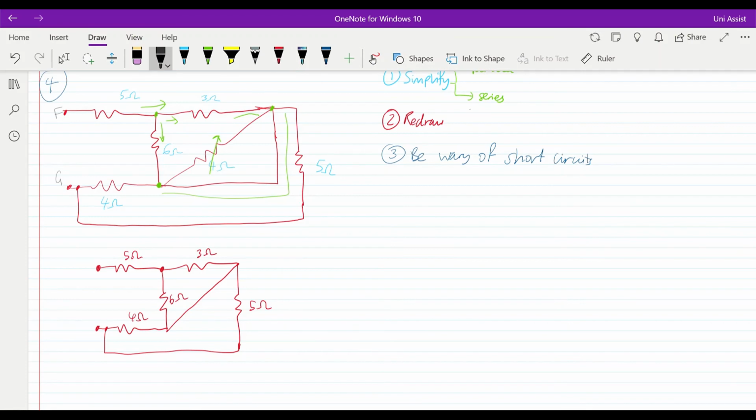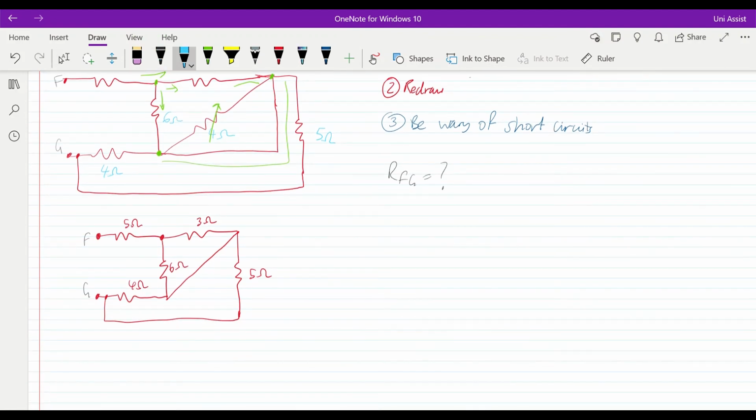For this question, we'll be calculating the resistance between points F and G, so RFG. Even after this initial simplification, you can see that the circuit isn't that simple. There's still a bit of work to do on it, and the changes that we're going to do aren't very obvious.